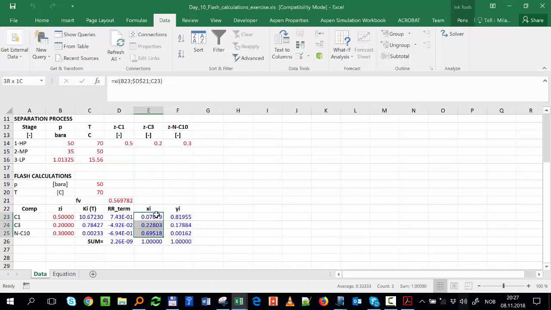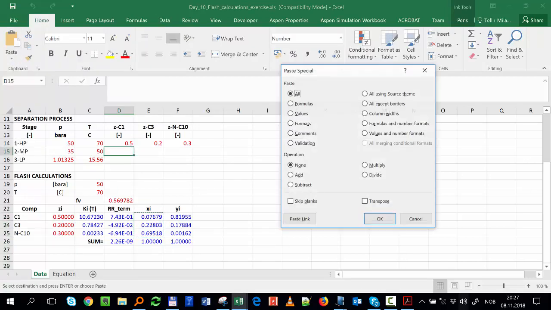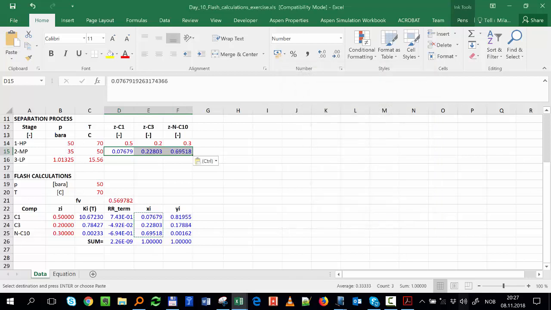So I copy, and be careful, I have to paste special, but not only values, but also transpose. Such that it will copy, paste exactly like that. I select, now I go for the second phase. I was in the first stage separator, I now go to the second stage separator.